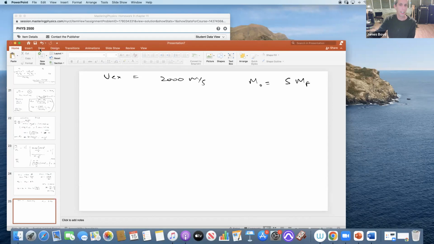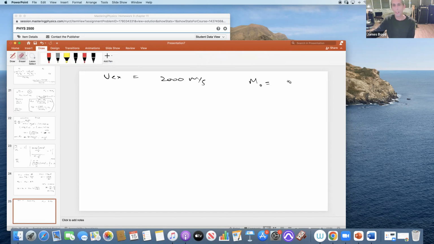What I should say is, I didn't read that very carefully. So the mass of the fuel is 5 times mass naught, and the mass of the rocket is mass naught. So the initial mass is 6 m naught.